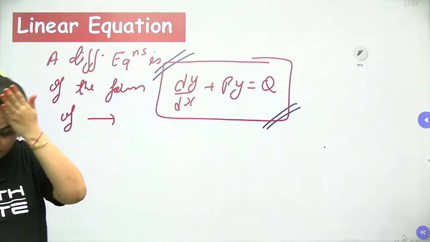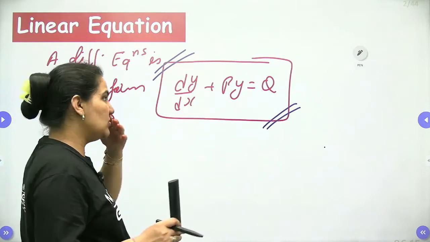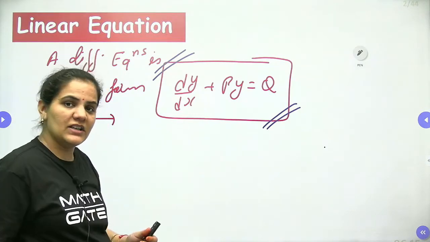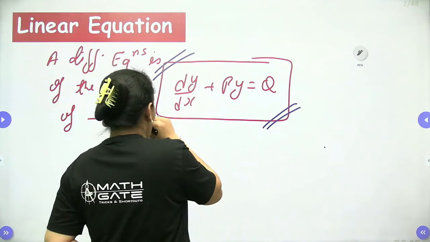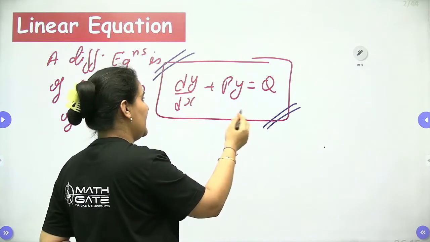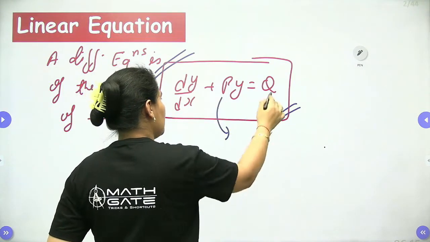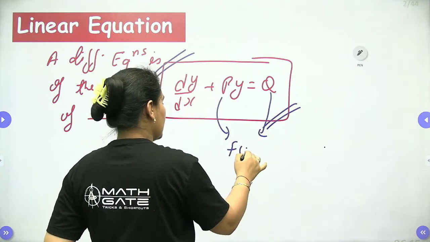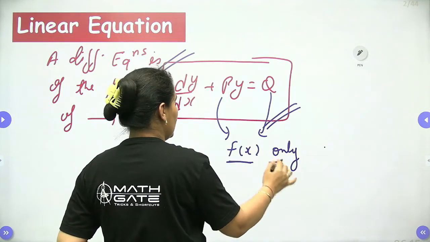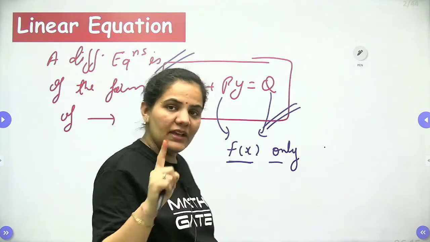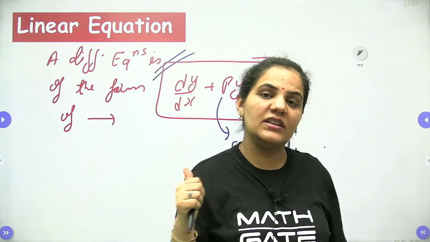When it is in the form of dx by dy, I will show you which type can become linear. So dy by dx plus py is equal to q, where p and q are functions of x only.